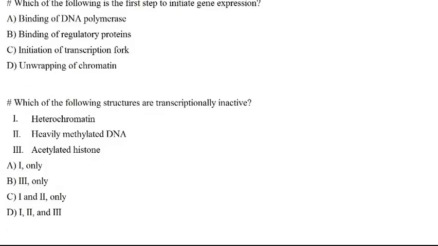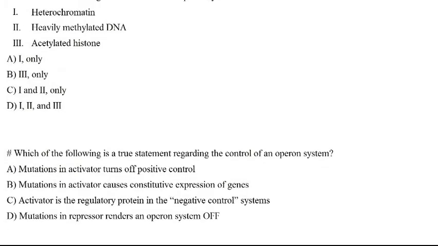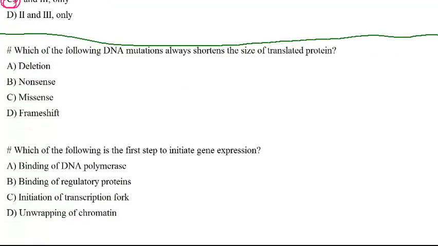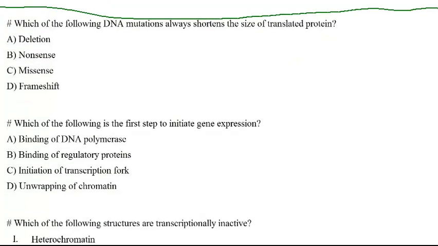Then we have, which of the following structures are transcriptionally inactive? And then the final question is, which of the following is a true statement regarding the control of an operon system? So we are talking about prokaryotic systems. Okay, so if you need more time, please go ahead and pause the video. Otherwise, we are ready to start.